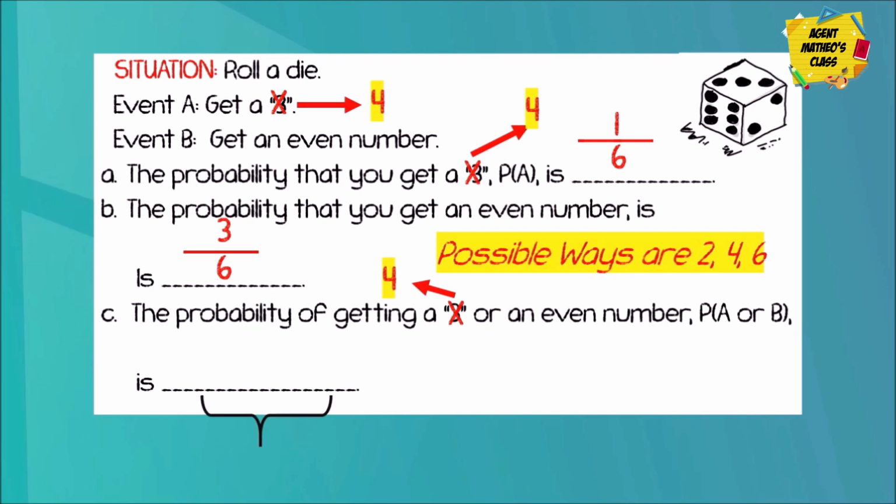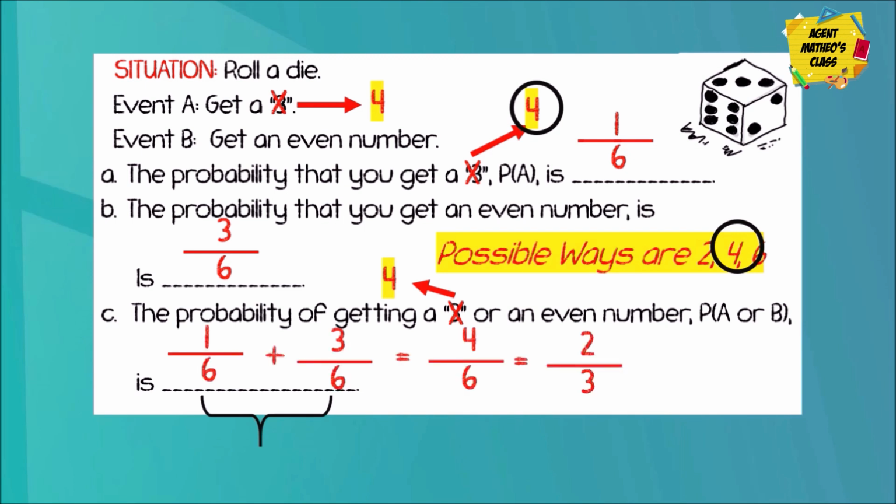For the third problem, getting a number 4 or an even number is a pair of not mutually exclusive events. Note, 4 is the one outcome that is common to events A and B. This is our solution a while ago, but we will remove this part. We will start by adding 1 over 6 and 3 over 6.